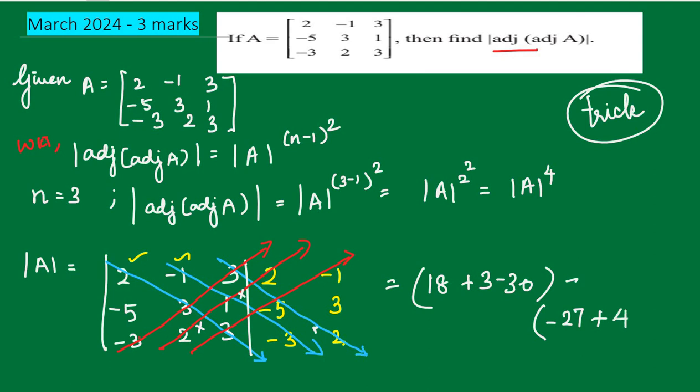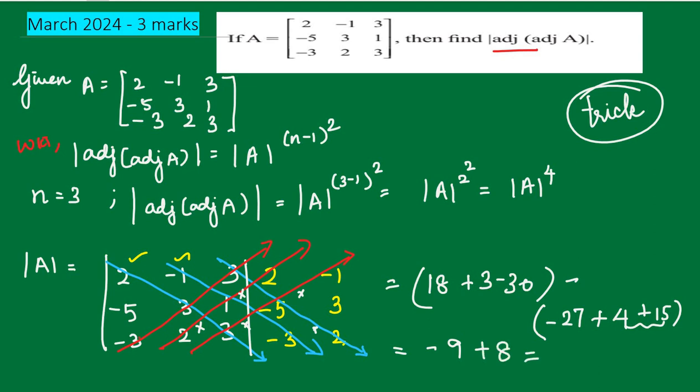The next element 3 into minus 5 is minus 15, minus 15 into minus 1 gives us plus 15. Now this is equal to 18 plus 3 is 21, minus 30 gives me minus 9. Minus of 15 plus 4 is 19, minus 27 is minus 8, minus of minus 8 gives us plus 8.